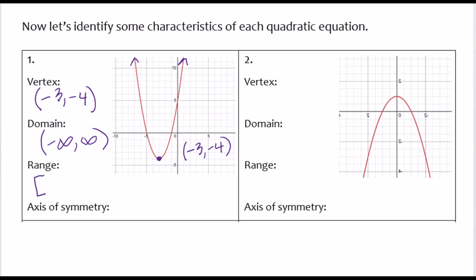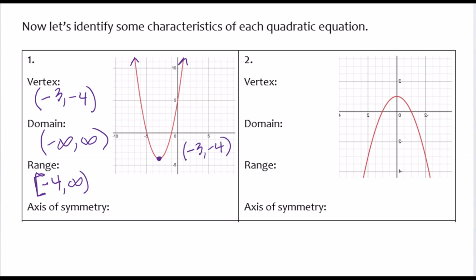So it goes from -4 up. So that's why we want to put -4 first with a bracket. Why am I using a bracket again? Because it actually touches -4, right? Yeah. Yeah, so -4 to infinity.